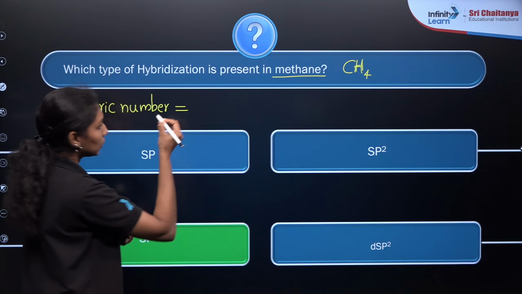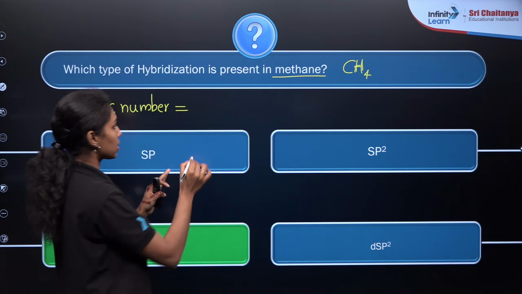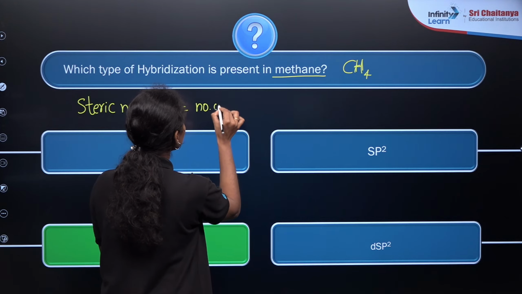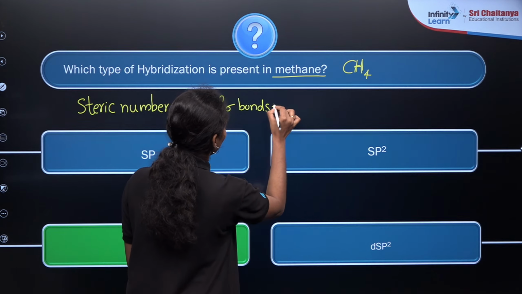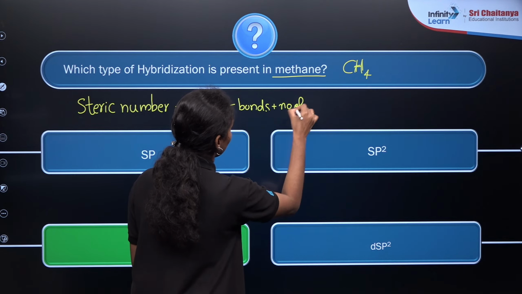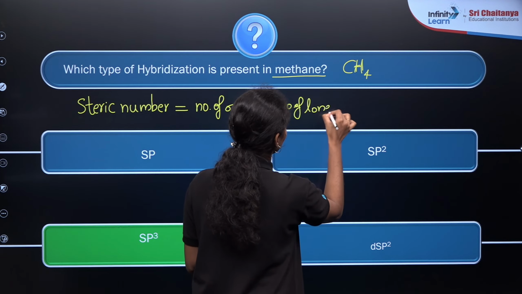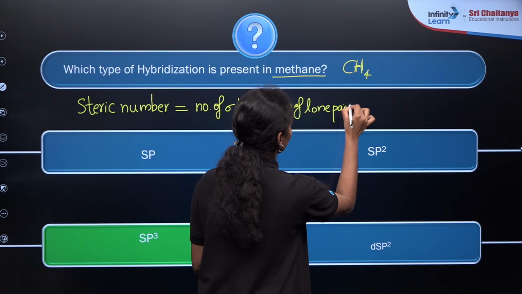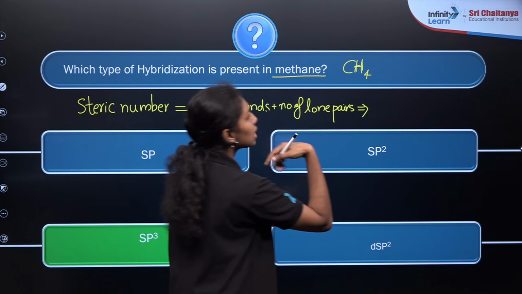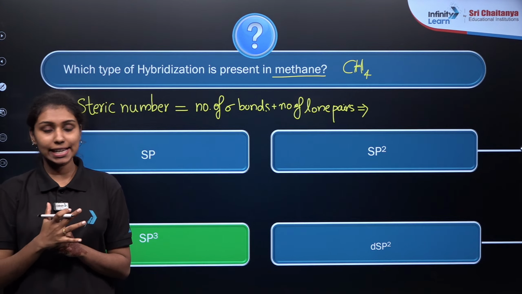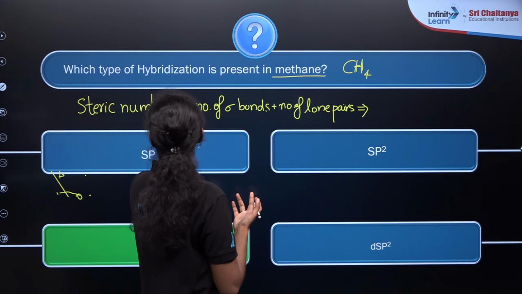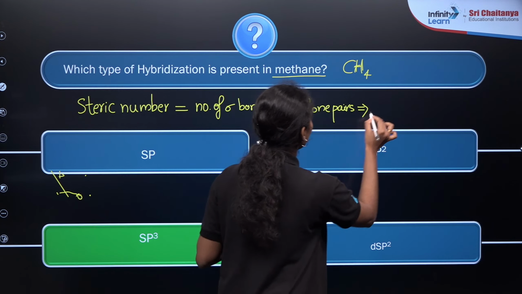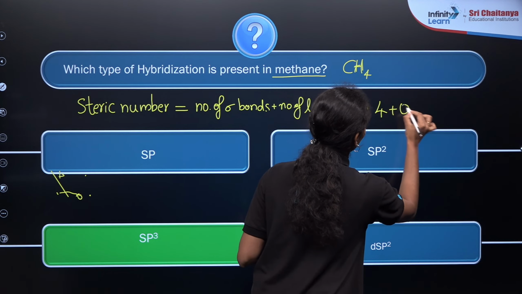Steric number is equal to the number of sigma bonds plus the number of lone pairs. As we already know, in the case of CH4 molecule, 4 hydrogen atoms will be forming 4 sigma bonds with the carbon atom. So the steric number for this molecule is 4 plus 0, that is equal to 4.